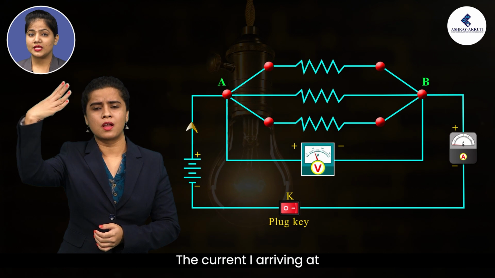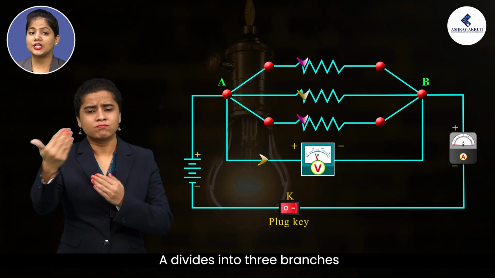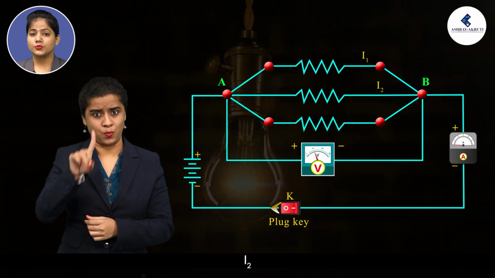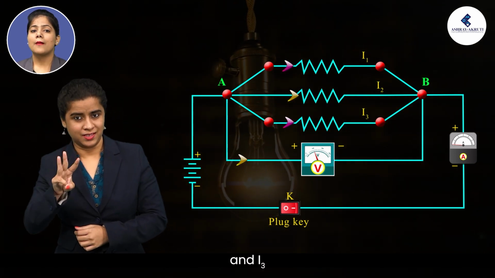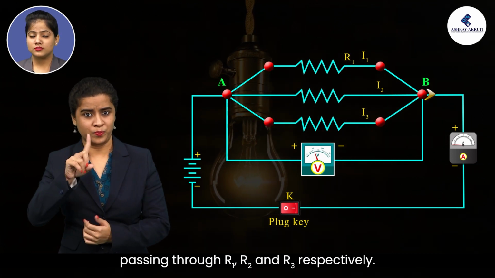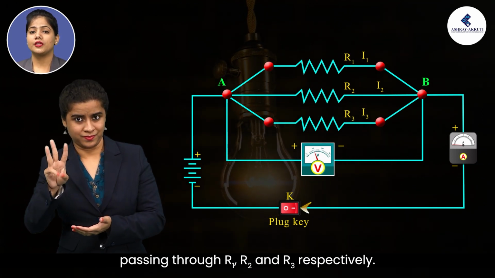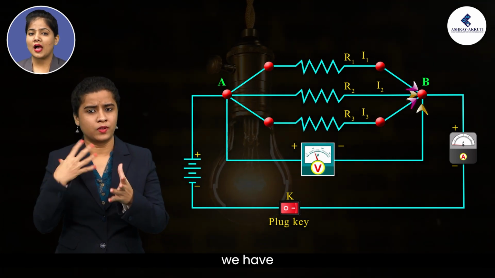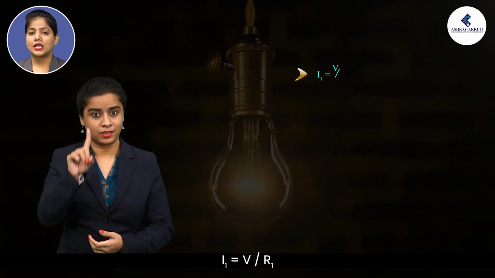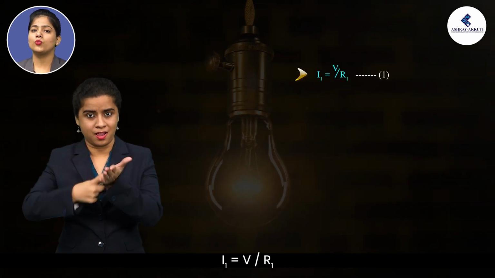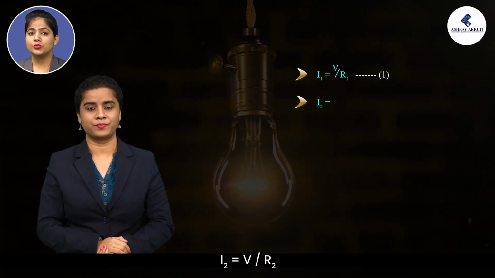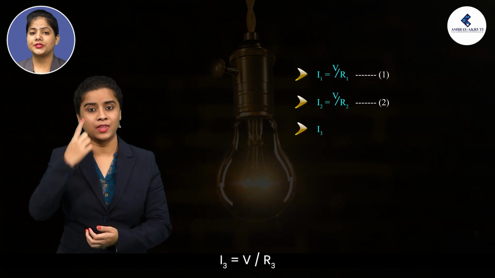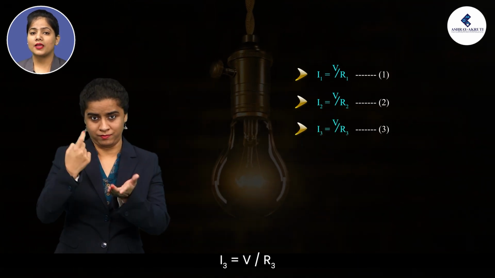The current I arriving at A divides into three branches: I1, I2 and I3, passing through R1, R2 and R3 respectively. According to Ohm's law, we have I1 is equal to V by R1, I2 is equal to V by R2, I3 is equal to V by R3.